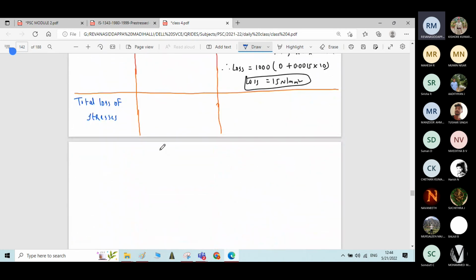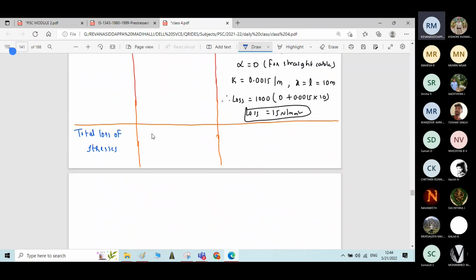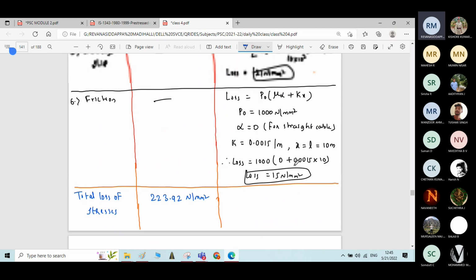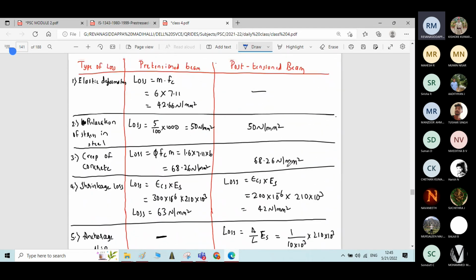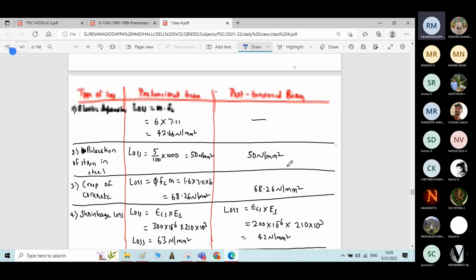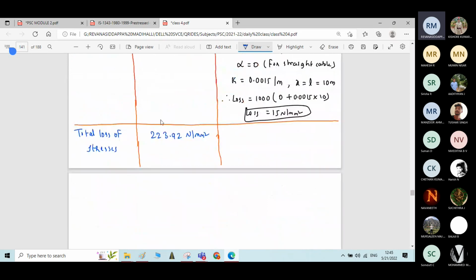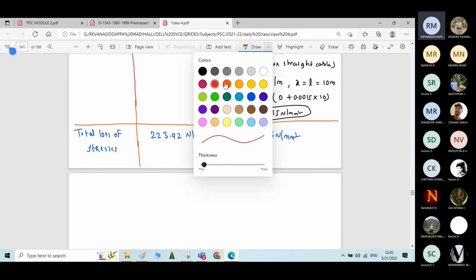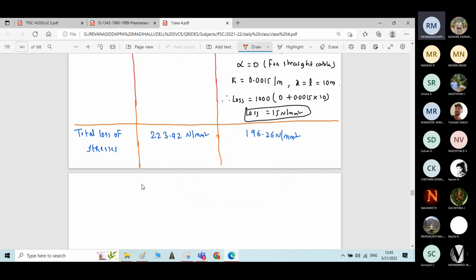If you calculate, you will get 223.92 Newton per mm square. For the post-tension beam, it is 15 plus 21 plus 42 plus 68.26 plus 50, so it will be 196.26 Newton per mm square. If you know the total loss, you can calculate the percentage of loss.